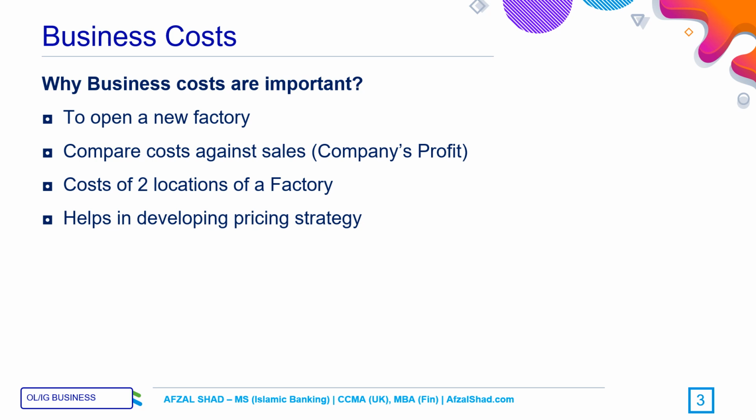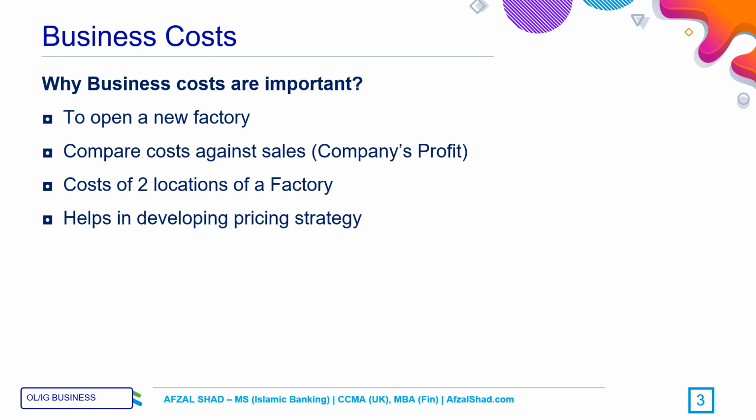For example, you are opening up a new factory, and you analyze what is the cost of the raw material, what is the cost of building, what is the cost of machinery, what is the cost you are going to pay for the salaries. So all of these cost calculations are made when you are opening up any business or any factory.